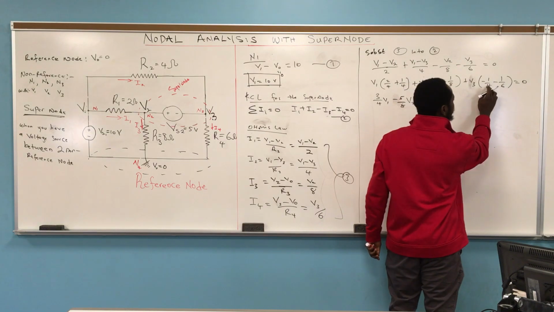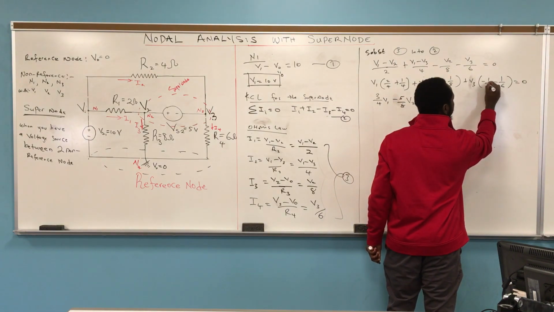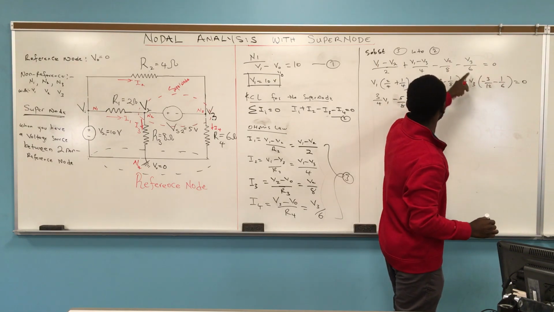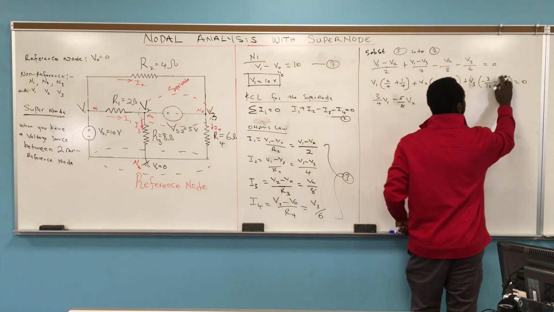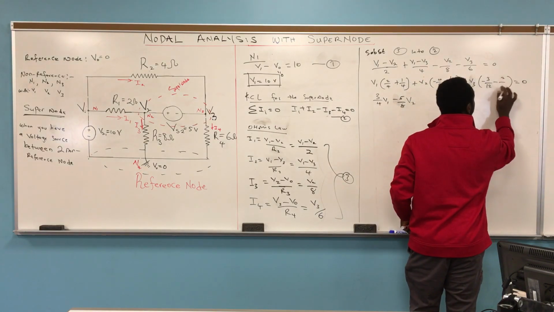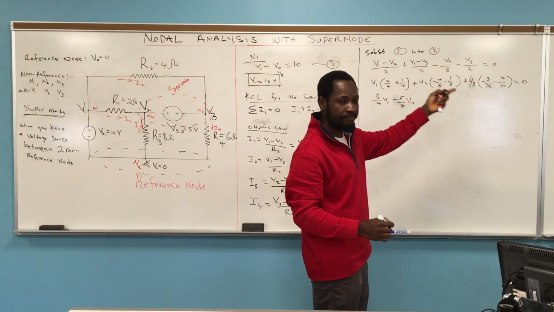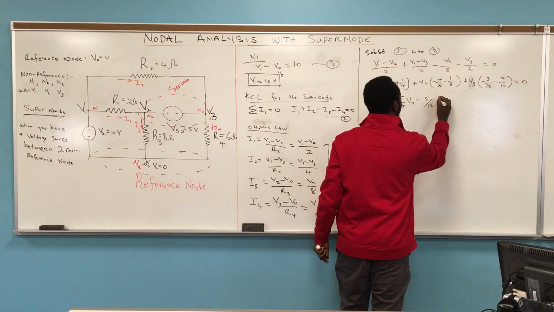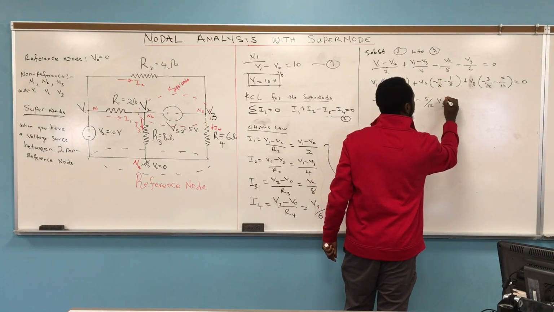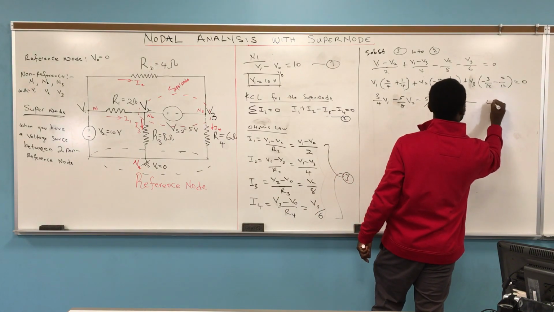So I'll multiply this one by 3, giving 12 and 3, which is still my 1 divided by 4, and multiply this by 2, giving 2 over 12, which is still my 1 over 6. So this will give me minus 5 divided by 12 V3, equal to 0, equation 4.